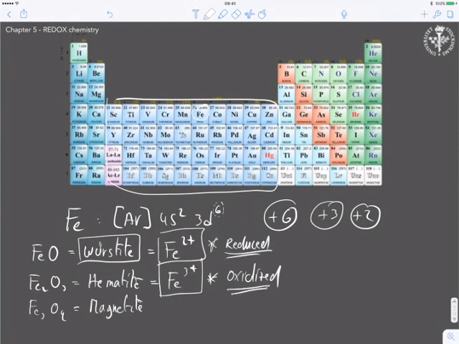It is a bit confusing because both in the molecules are oxidized. They're giving away electrons. But if you compare those two, one is more oxidized than the other one. One is called the ferric iron when it's the oxidized form of iron, and this is ferrous iron when it's reduced.